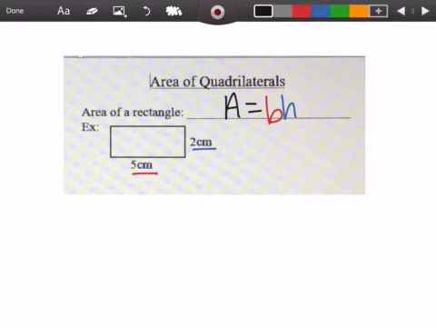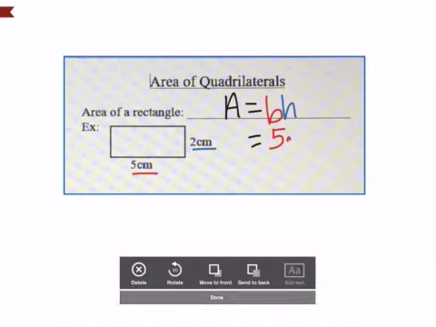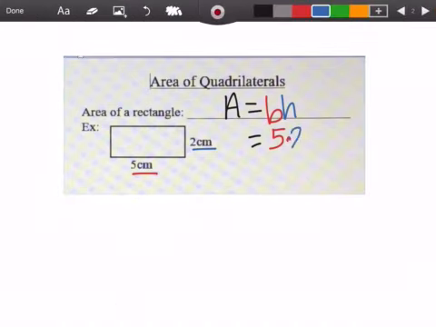So when we solve this, we're going to say this equals the base 5 times the height of 2. All we do is multiply. 5 times 2 is 10, so our answer is 10 centimeters squared. Because we're dealing with area, we're multiplying 2 of the sides of the shape, and so that results in a squared number.